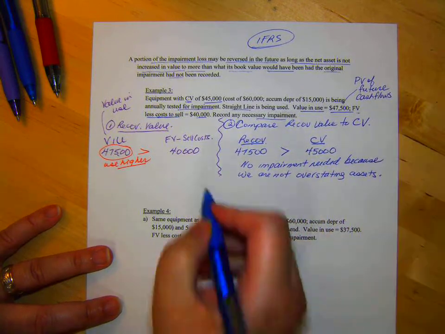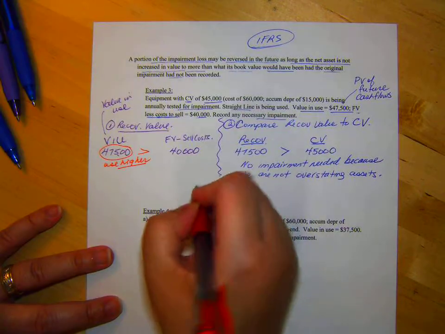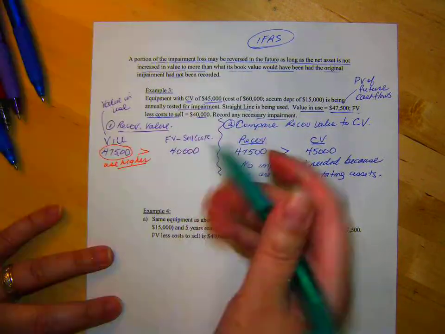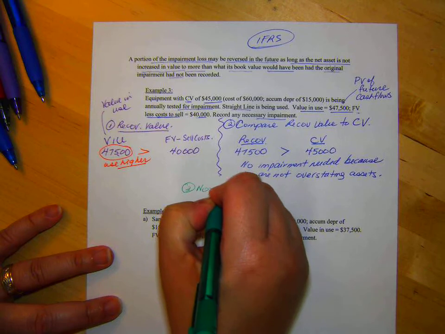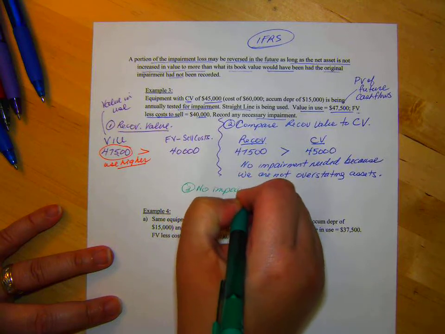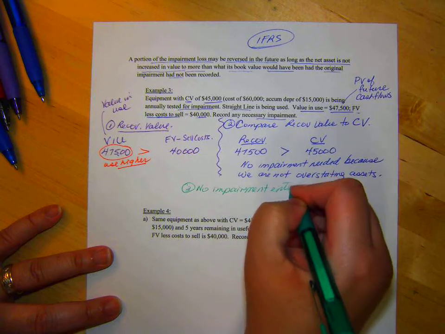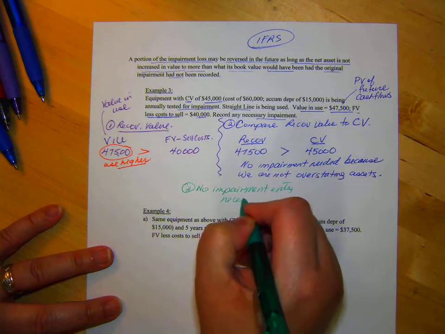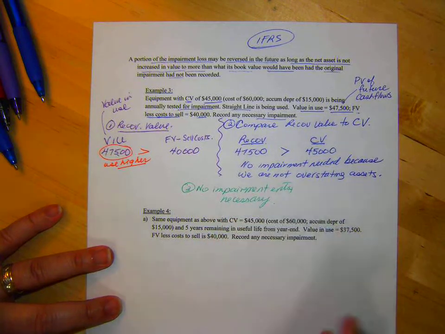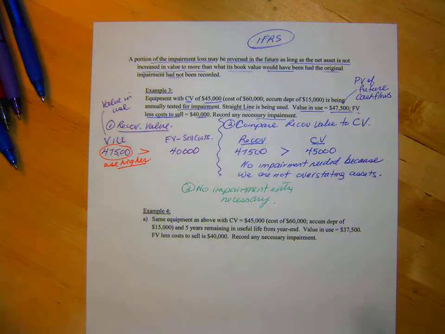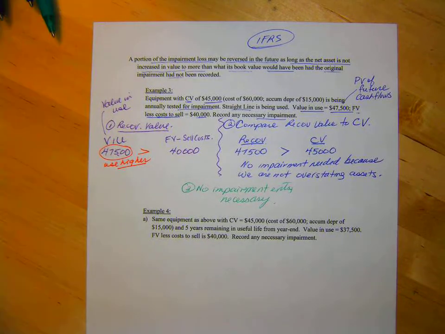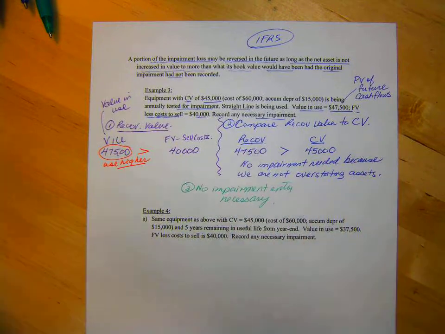So no impairment. So step 3, I'm going to find a pen. Step 3, no impairment entry necessary. Okay. Right, it's straightforward. This looks a lot better than the words.